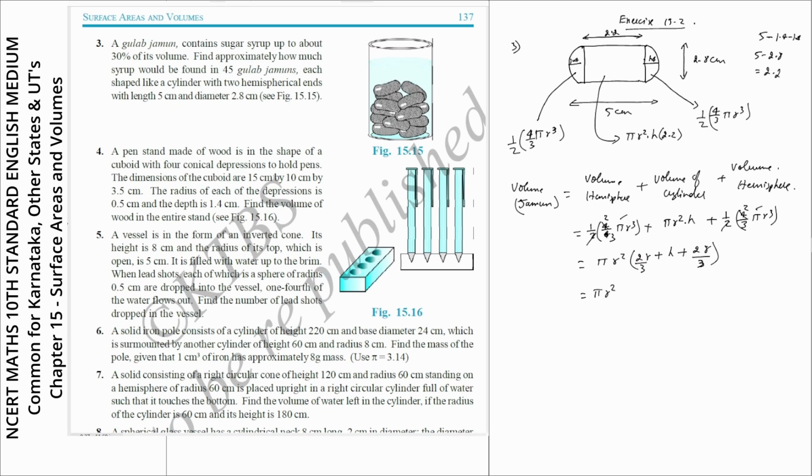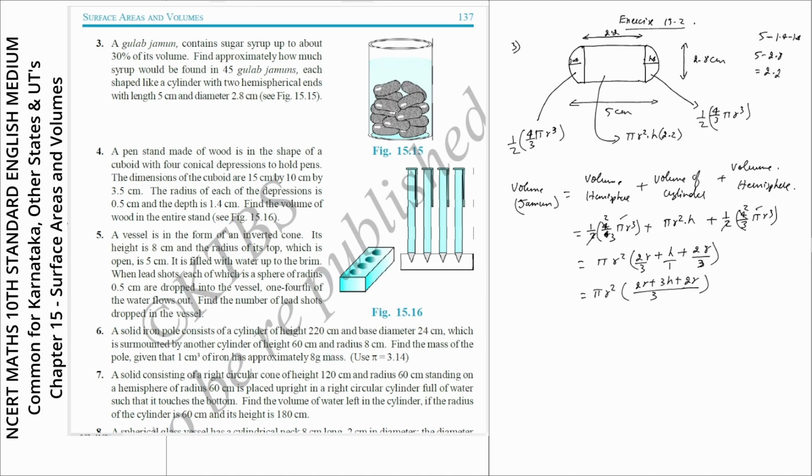Now take the LCM. Now LCM of 3, 1 and 3 is 3, so I'll get 2r plus 3h plus 2r.